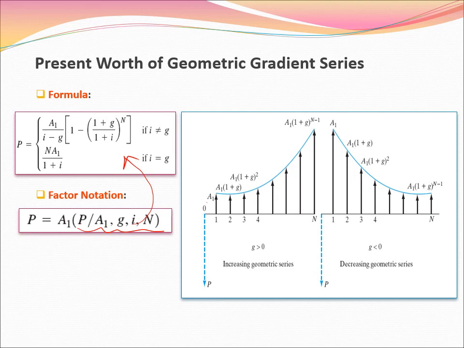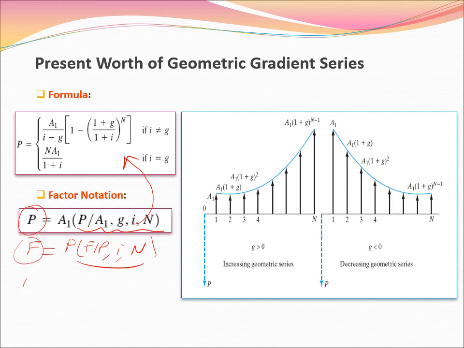Of course, when you calculate the present value, the calculation of the future value is equivalent. You just use the formula P times F given P, interest rate, and N factor to calculate the future.